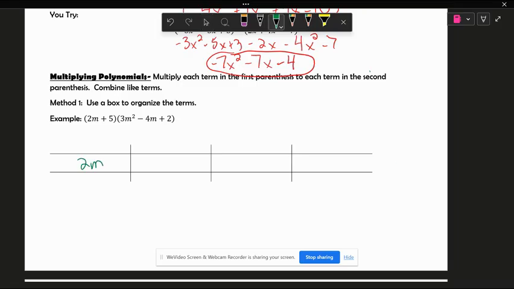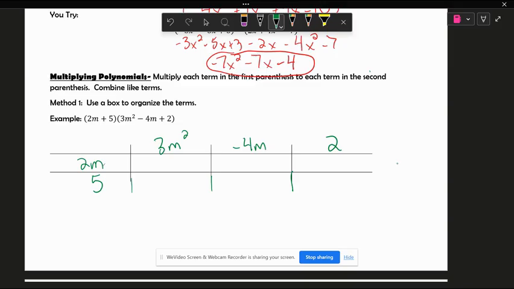So we got 2m and a 5, and we got 3m squared minus 4m and a 2. So now we're just going to multiply it out, kind of like a Punnett square that we may have seen in science.